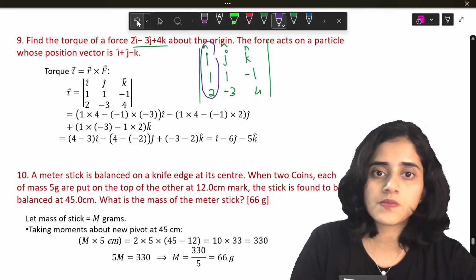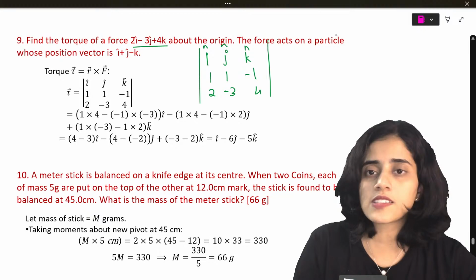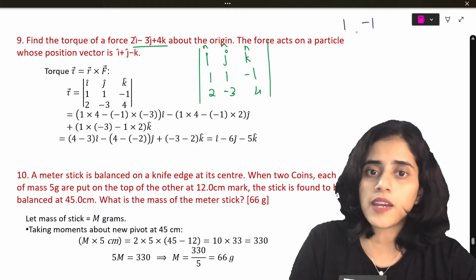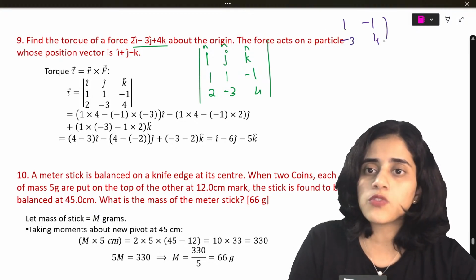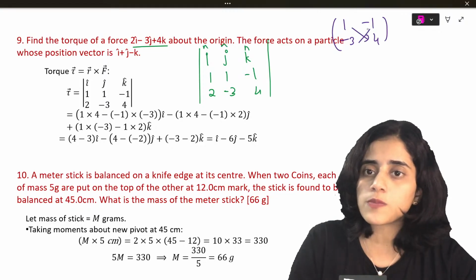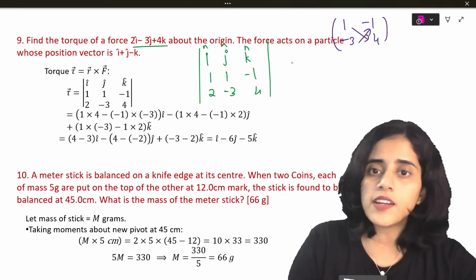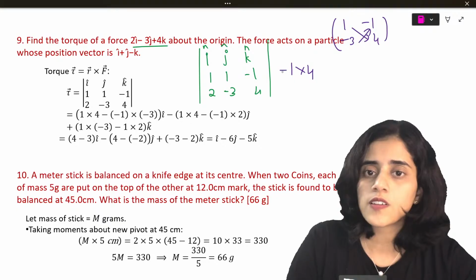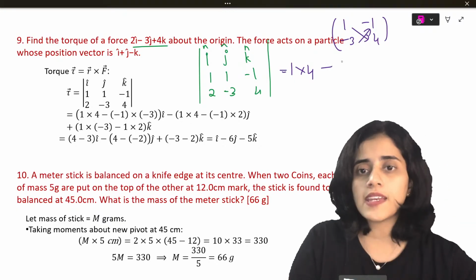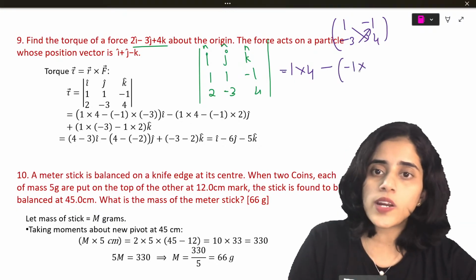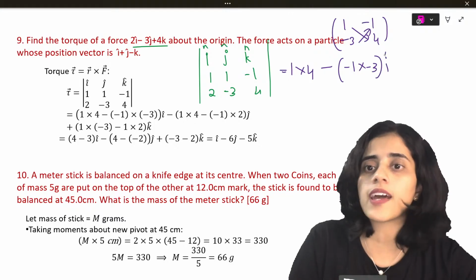So I'll cross multiply. 1 into 4 minus 1 into minus 3 with an i cap.